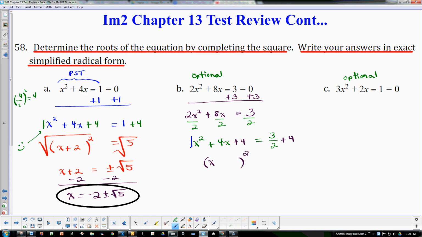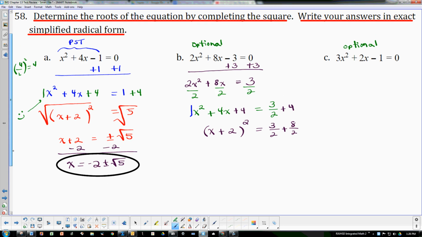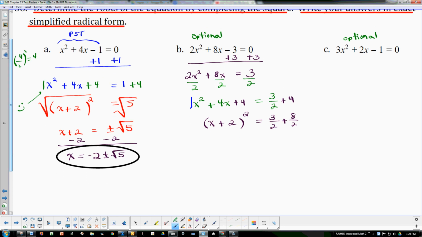We will get x plus 2 all squared is equal to, well, we need common denominators, so this is going to be 3 halves plus, how about 8 halves? So we have x plus 2 squared is equal to, well, 8 and 3, that's going to be 11 halves.